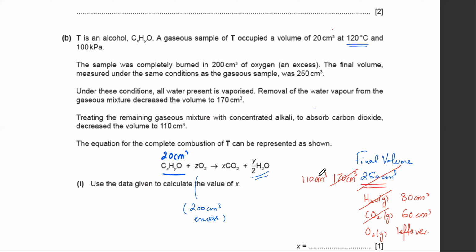What is left in the 110? That is the leftover oxygen, right? Because now there's nothing else left. Carbon dioxide is gone, water is gone. So the only thing left is the 110 cm cube of oxygen. Is this clear? Yes, sir.